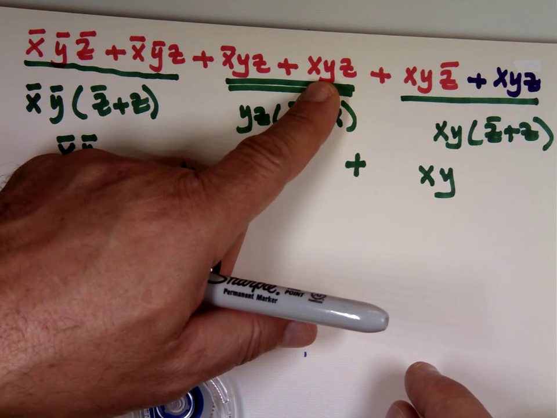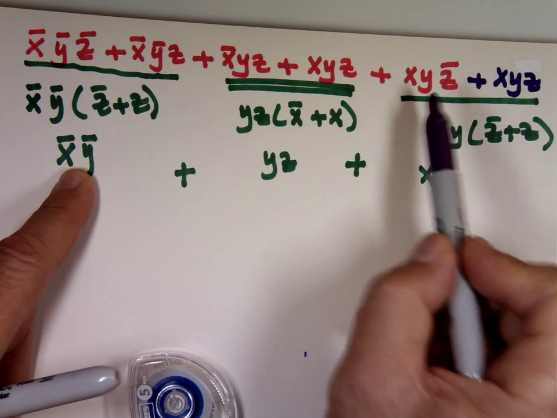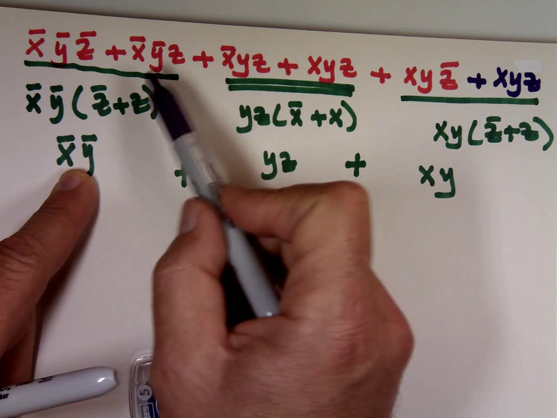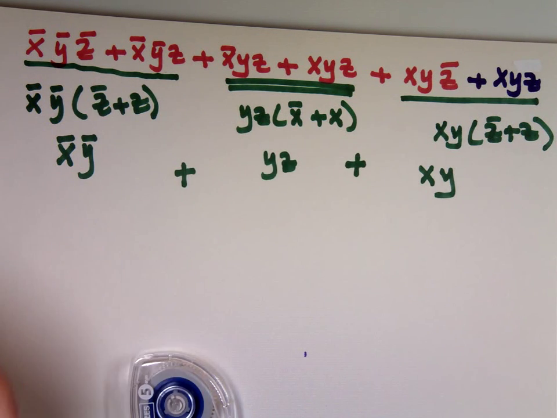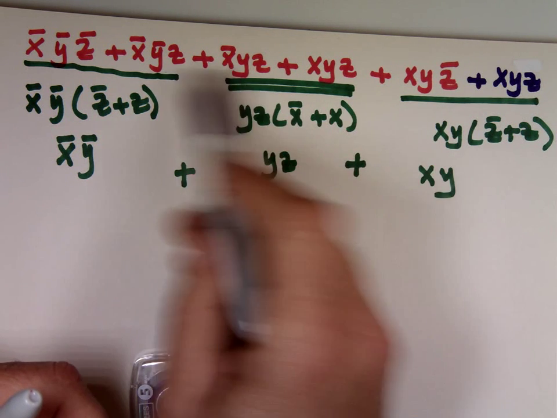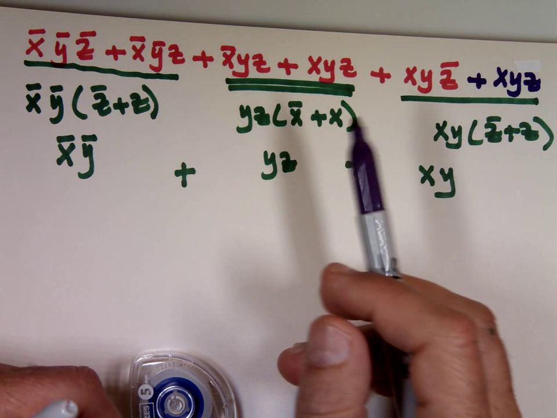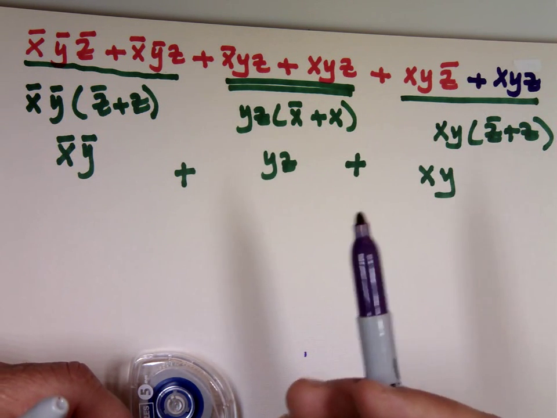Now I look around to see anything common. Can I simplify any more? No. Now let's count to see initially what we had. We had 1, 2, 3, 4, 5 3-input gates. That's 2 chips. Then we have 1, 2, 3, 4, 5, and I don't have a 5-input OR gate, so I'm going to have to use 2 4s or 2 3s, whatever.